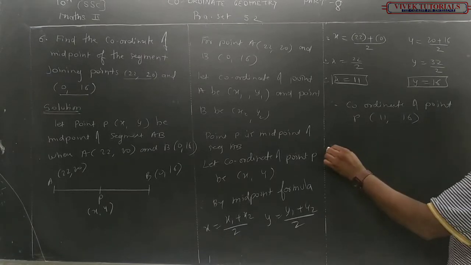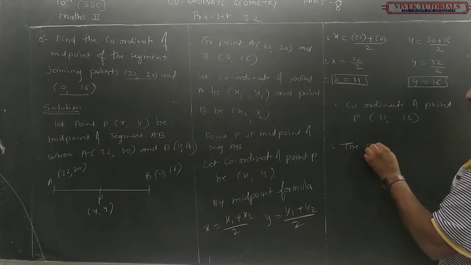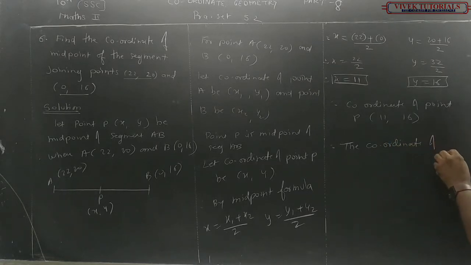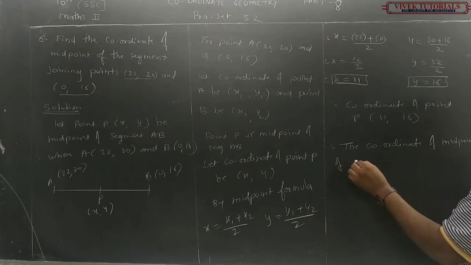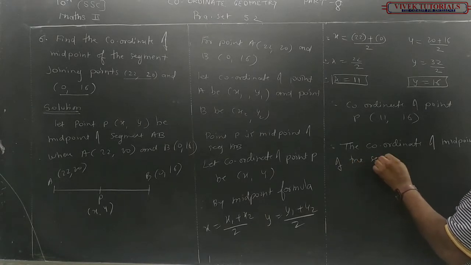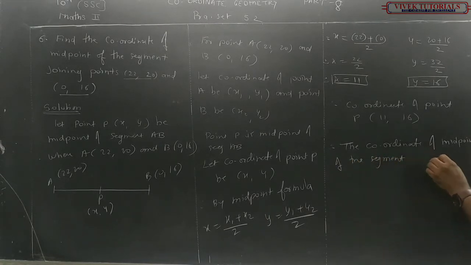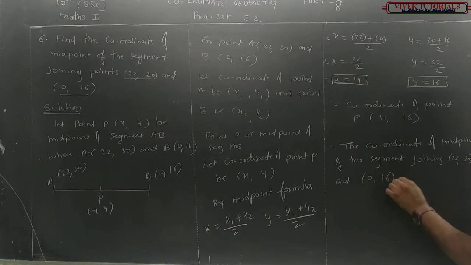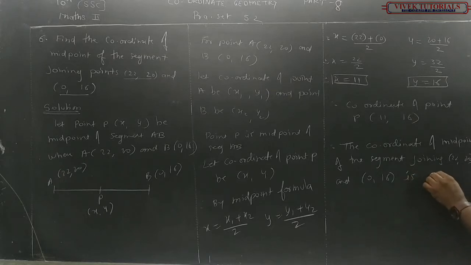Therefore, you can write then, the coordinate of the midpoint of the segment joining 22, 20 and 0, 16 is 11 and 16.